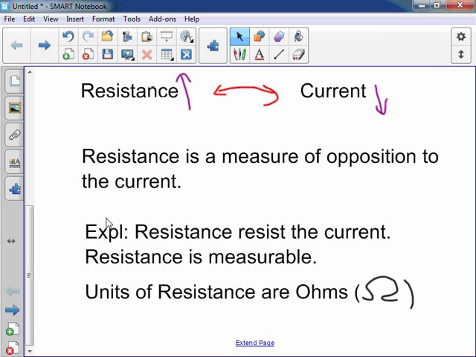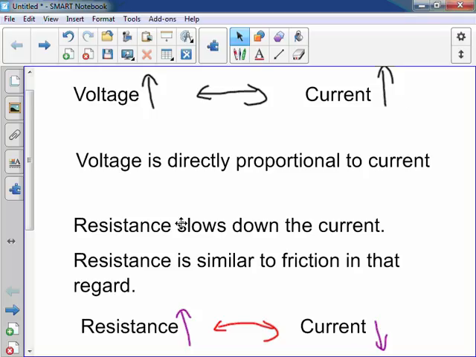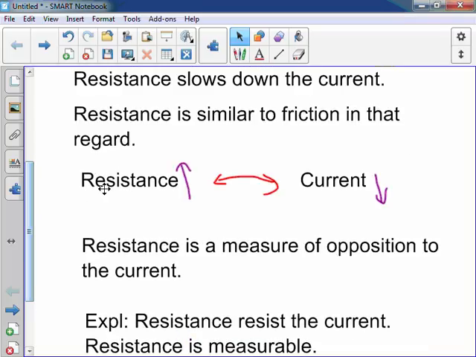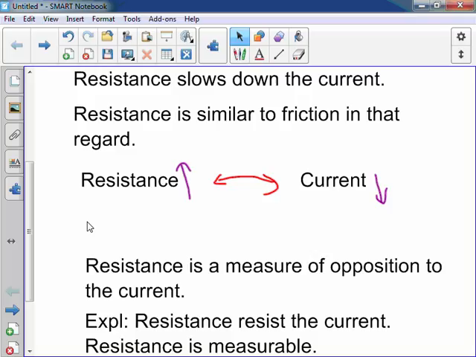If you remember, we had voltage directly proportional to the current. Now resistance, look, we have resistance going up, current going down. That is also some kind of proportionality. So I'm just going to put this down here. And that actually means the resistance is inversely proportional. Directly proportional is when you increase one thing and the other thing also increases. Inversely, you increase one thing, but the other one decreases.